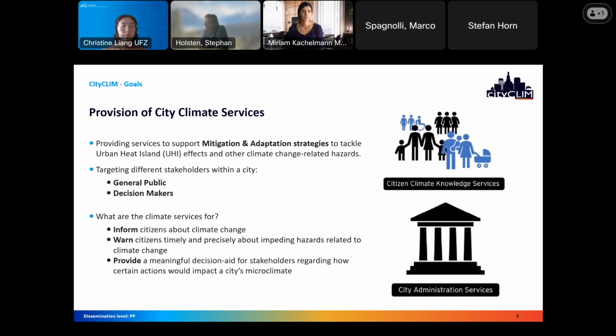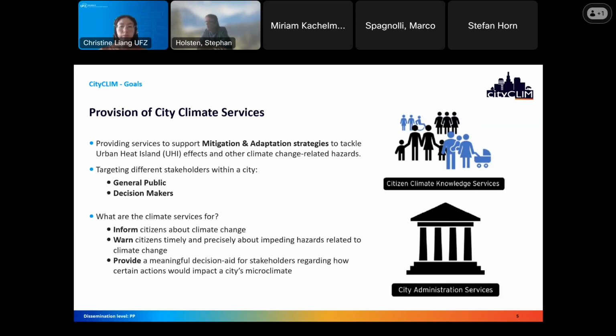We are targeting different stakeholders within the city: the general public, the normal citizens who will get warnings about an expected heat wave, but also decision makers in municipalities who can, on a longer term, act in their city to mitigate this effect, for example by influencing the building of parks, water areas, and such.